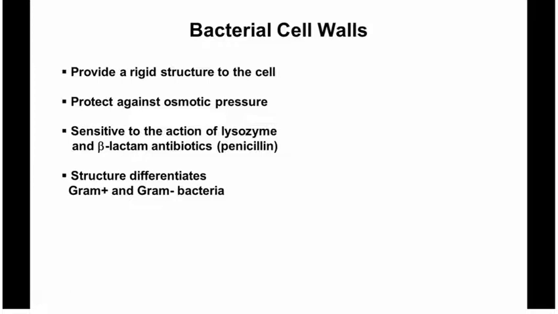And if this occurs, then the bacteria will lyse. And one of the other characteristic things about the cell wall is that its structure is what differentiates gram-positive and gram-negative bacteria.